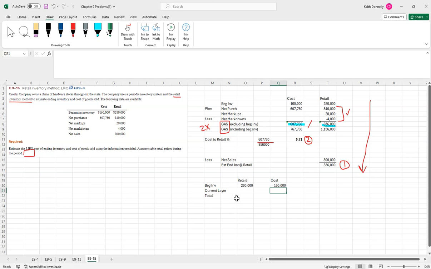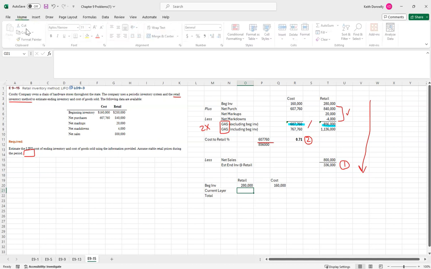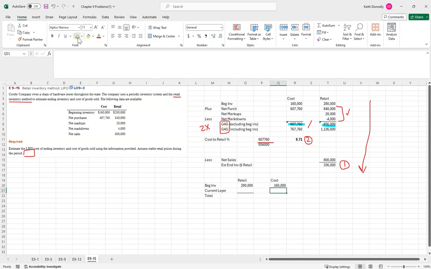Let's see here. The total. Let me get some lines on this. So retail here, the total we calculated is 336. If we look at it, the difference between the 336 and the 280 is $56,000.